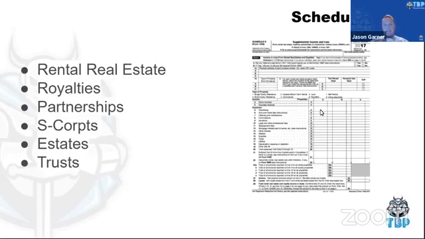Most commonly, it is used for rental real estate, which is what most of that form is dedicated to. The Schedule E also reports royalty, partnership, and S Corp income, which a lot of you have probably seen already, and estates and trusts.